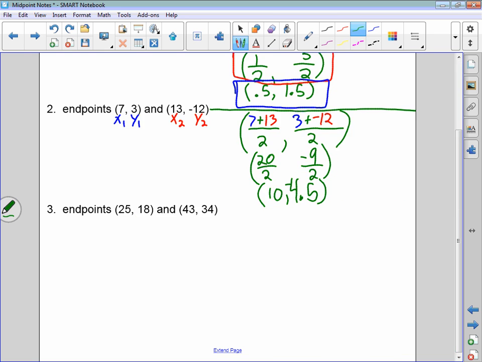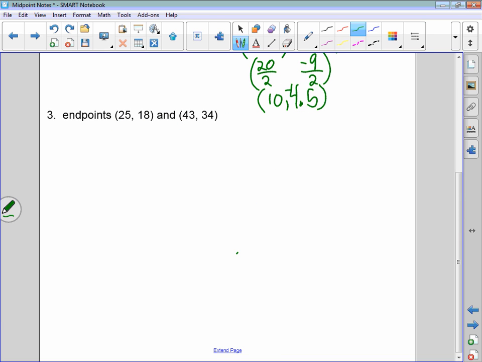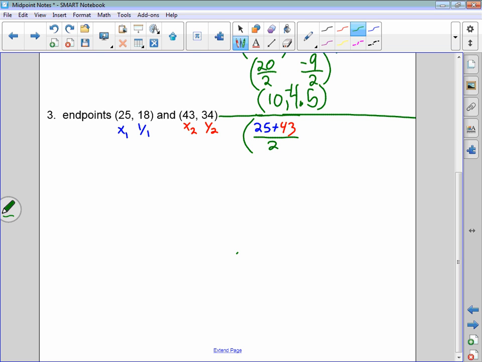And our last example here, using some larger numbers, but the process is going to stay exactly the same. We would start with labeling x1, y1, x2, y2. Let me keep this format the same. 25 plus 43 divided by 2.